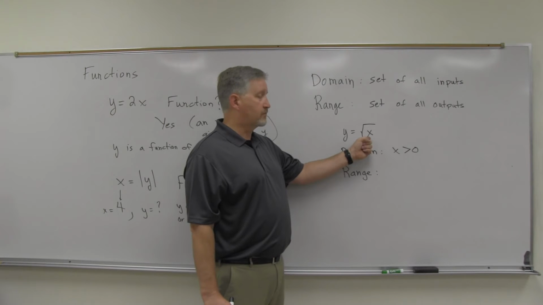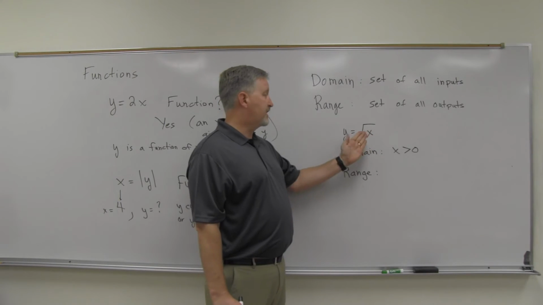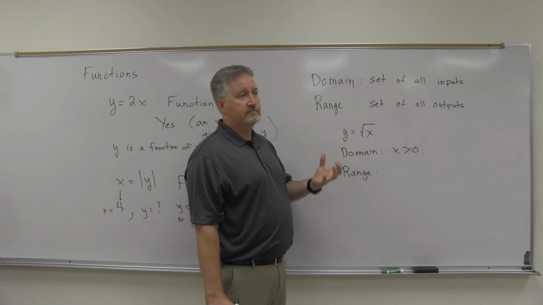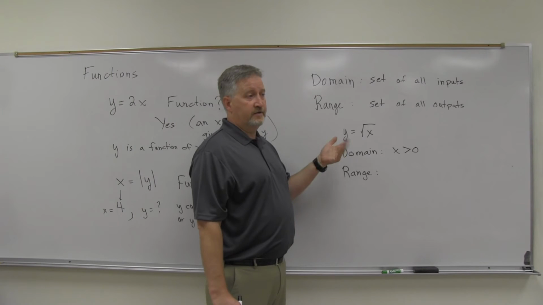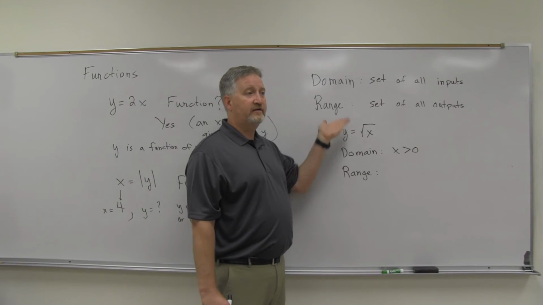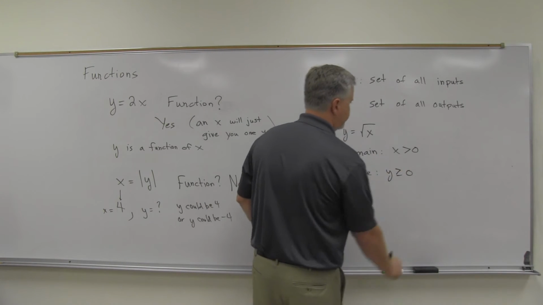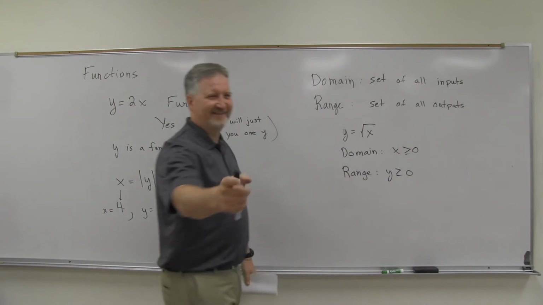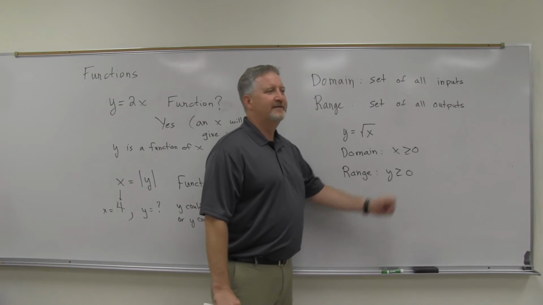I'd have to go the square root of 1, which would be 1, the square root of 4, which would be 2. Anything I plug in for x here that's allowed, it's going to give me a positive number, and of course 0. So isn't the range also going to be y greater than 0 as well? Greater than or equal to, yes. Thank you. I forgot the equal to, didn't I? I said we could use 0, and I forgot to put it, but yes, thank you.